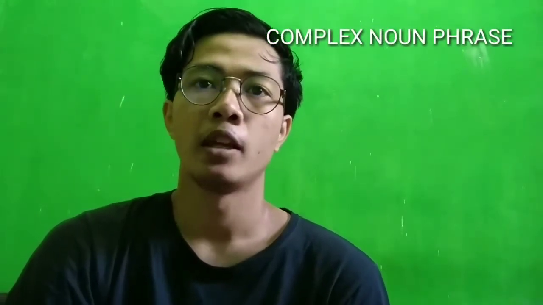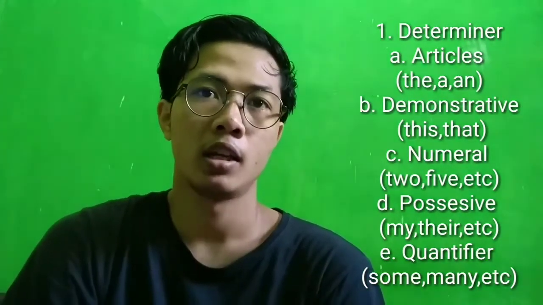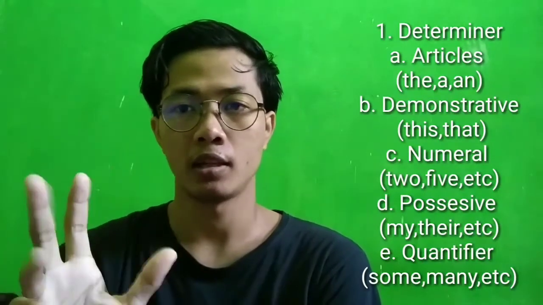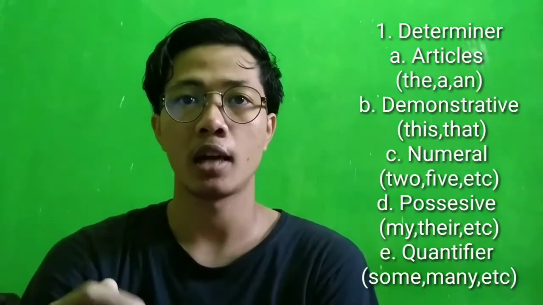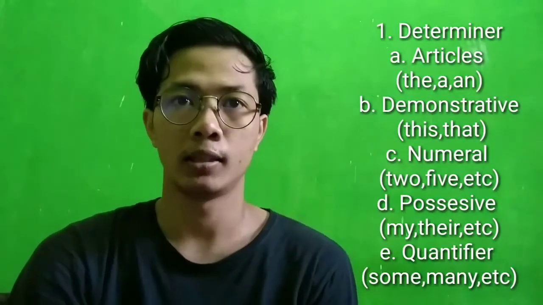The second type of noun phrase is the complex noun phrase. It includes the noun modifier as follows. The first is the determiner. There are 5 types of determiner here. The first is article, like the, a, an.